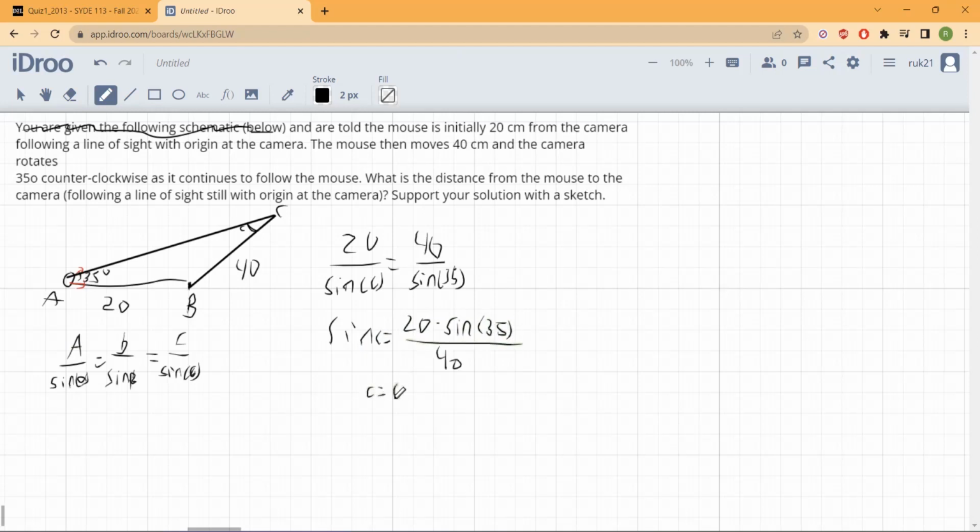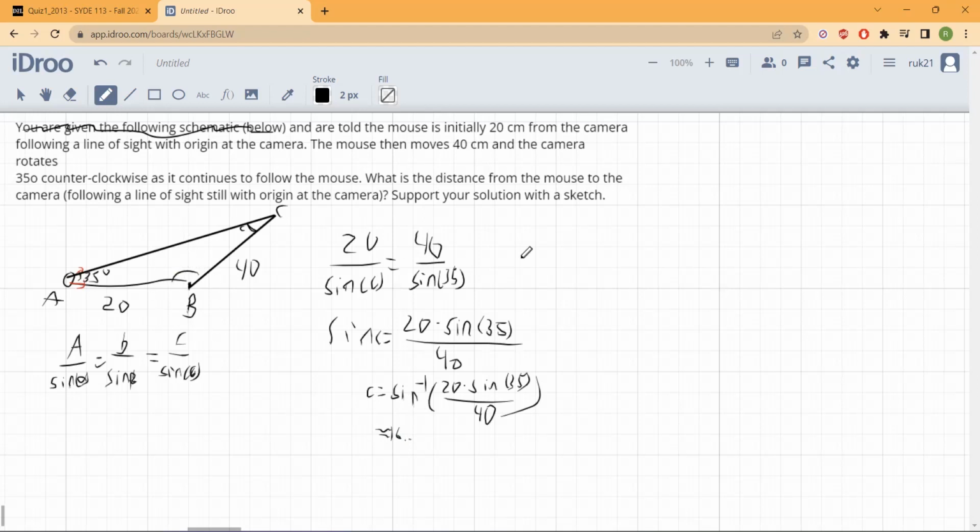C equals the inverse sine, arcsine or sine to the power of -1, of 20 times sine 35 over 40. So this angle is equal to about 16 point something. I don't remember, but it's 16 point something. But when you actually enter it into your calculator later, for this angle, you want to have the exact value. Depending on the calculator, you can usually do that with just ANS.